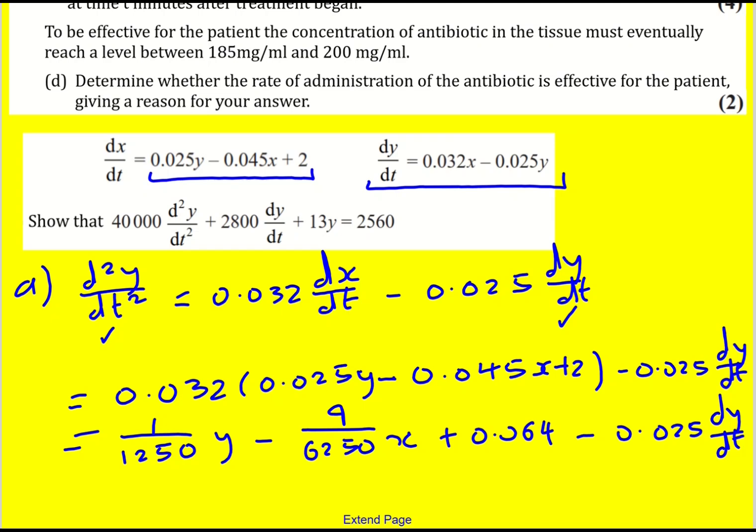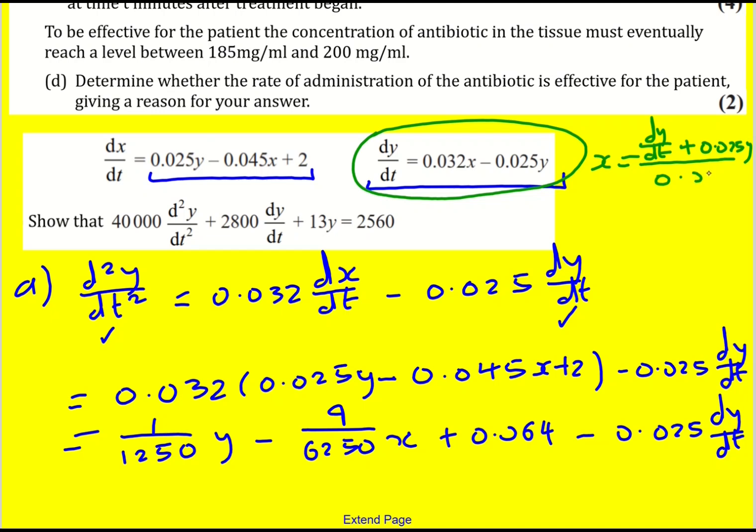I've just got one more little thing to do because I can now use this one again and make x the subject. So x is going to equal dy by dt plus 0.025y, divided by 0.032.